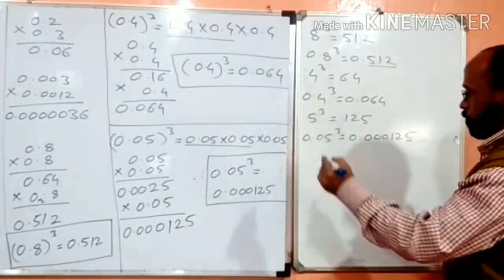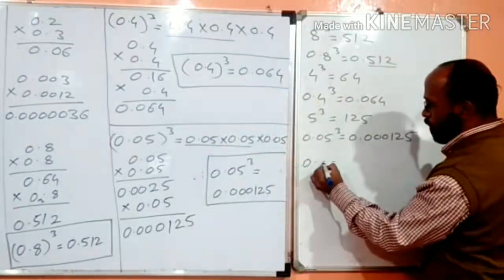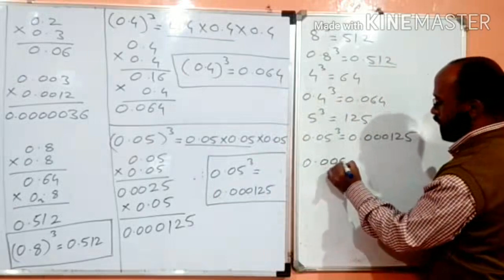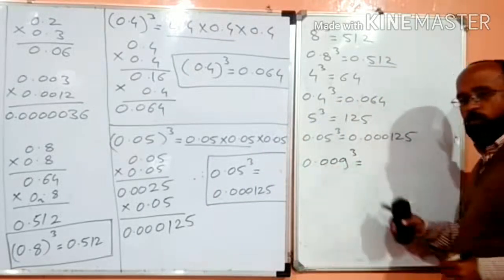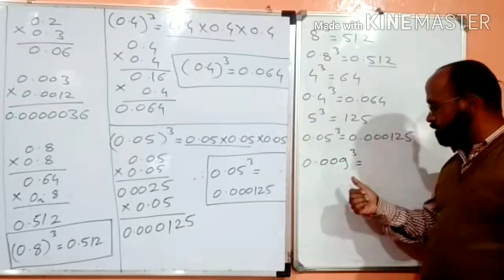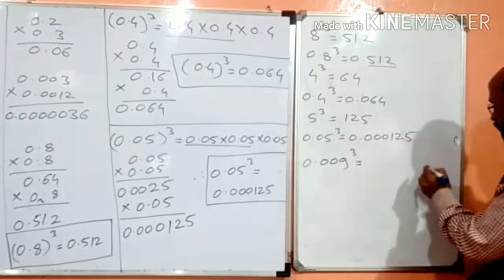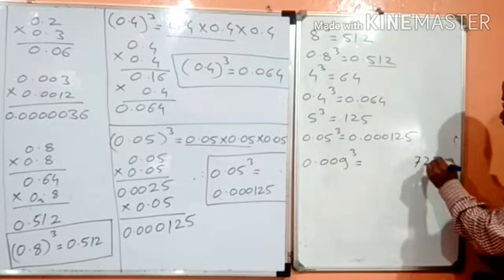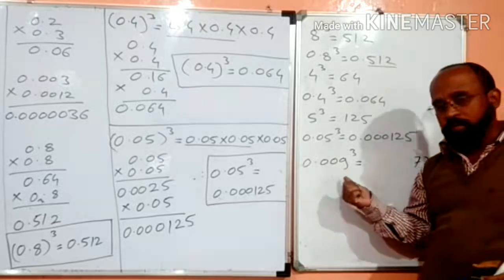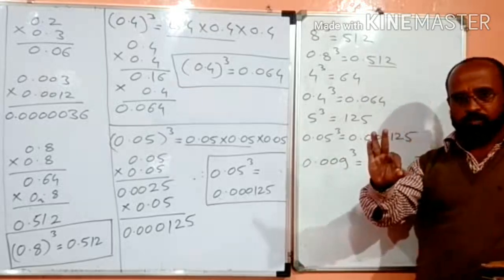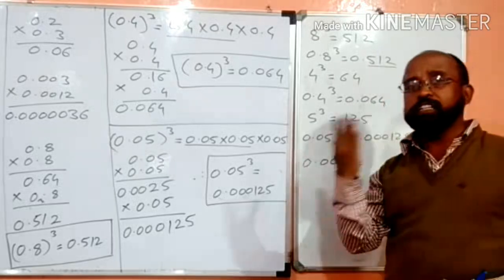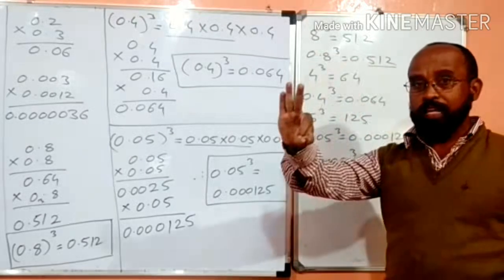For example, if I have to find the cube of 0.009, what will my answer be? In my answer, the cube of 9, which is 729, will be as it is. So I will write 729. How many decimal digits are in the question? 3. So in the answer there will be 3 3s are 9.